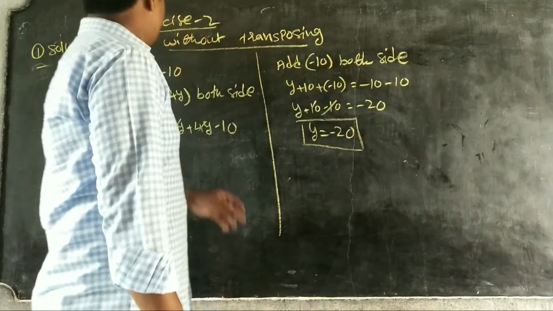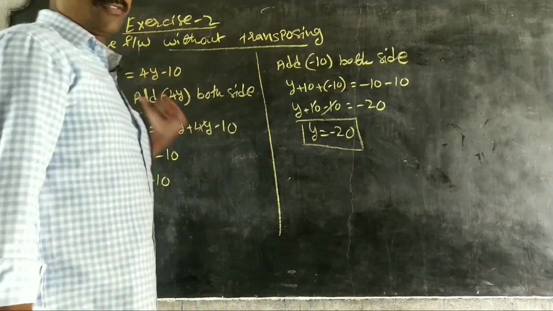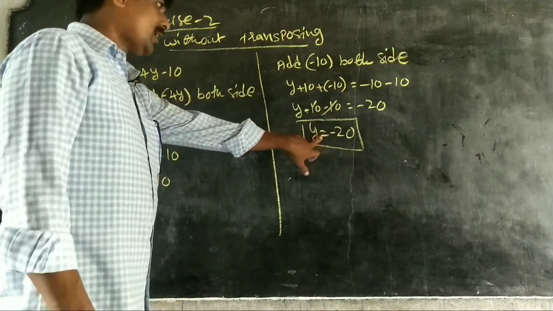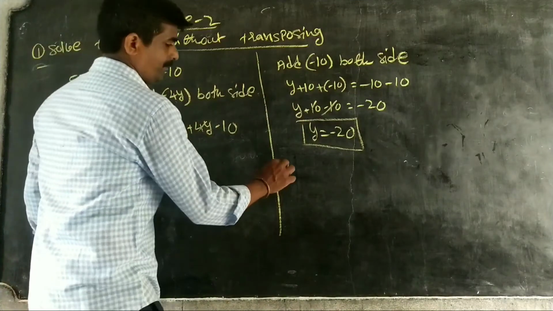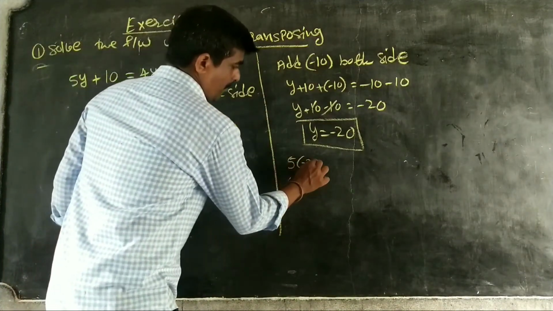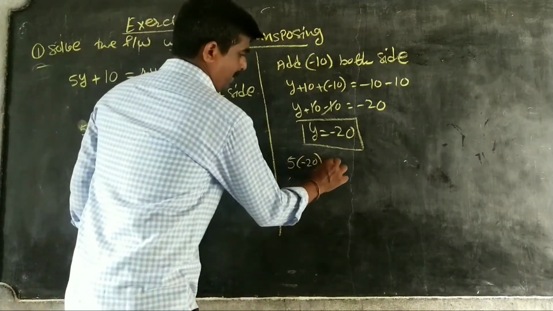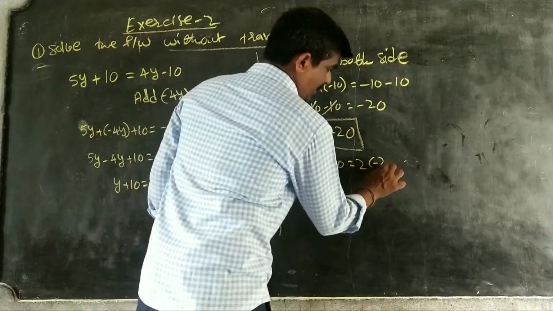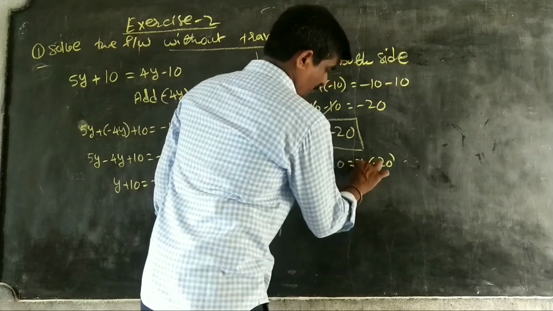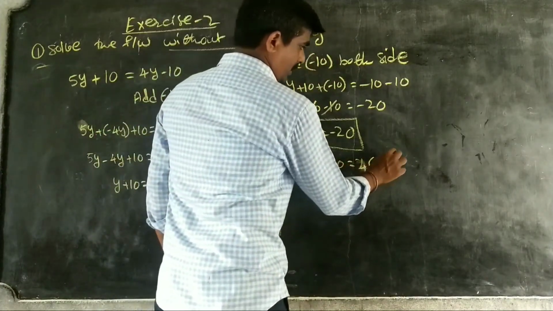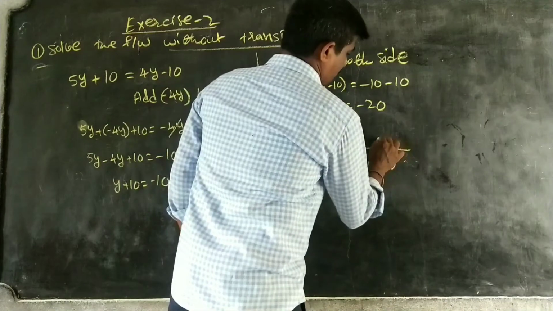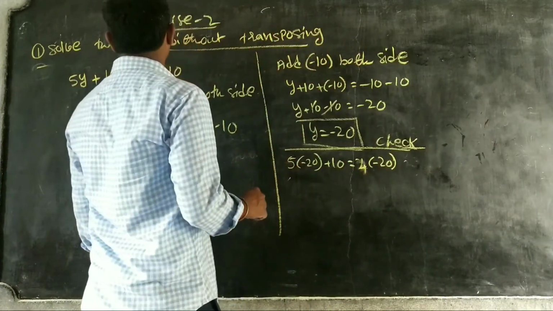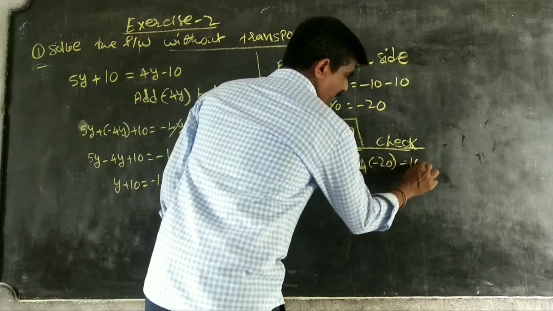Check your answer once again. How do we have to check? Simple. You have to substitute this value here. 5 into minus 20 plus 10 is equal to 4 into minus 20 minus 10.